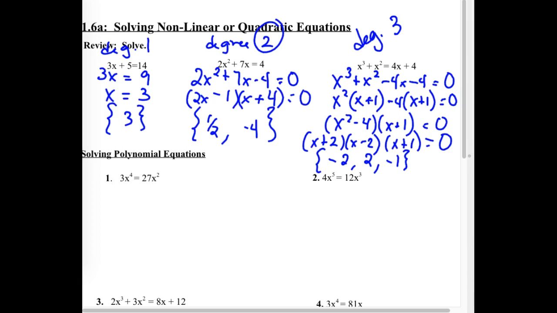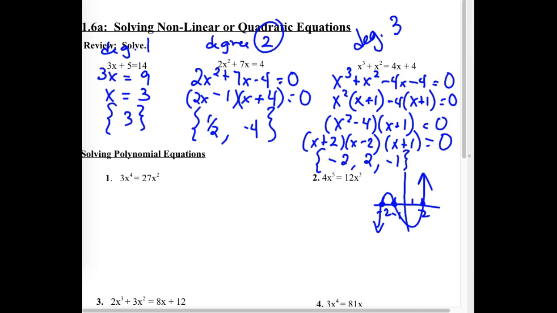Our third one, we have a cubic. Remember, the cubic ones have kind of that twist shape. So this one is going to hit at, if we looked at a graph, negative 2, negative 1, and positive 2. So we're hitting here, here, and here. So we're going to have a twisting type shape.